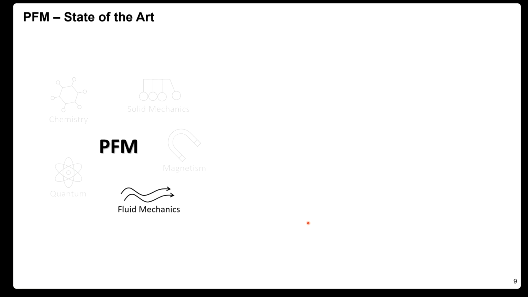We would hope to combine this with new kinds of physics, but fluid mechanics is just much easier to generate data for. You can use images or 3D images just to describe the data. So it's easier than chemistry or quantum mechanics maybe. That's why most of the papers and also our paper are focusing on this one.